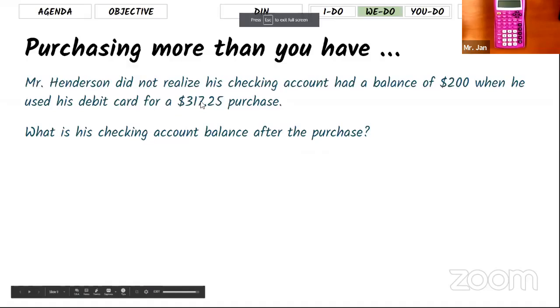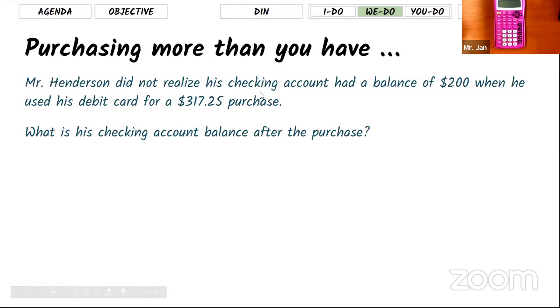And the last one is a word problem. This is why we're learning this kind of numbers and operations and rules, everything. In this problem, Mr. Henderson didn't realize his checking account had a balance of $200. Had means there is money, which is positive 200.